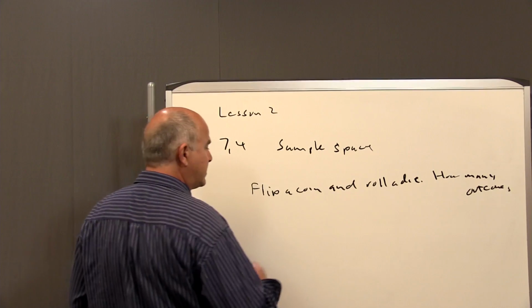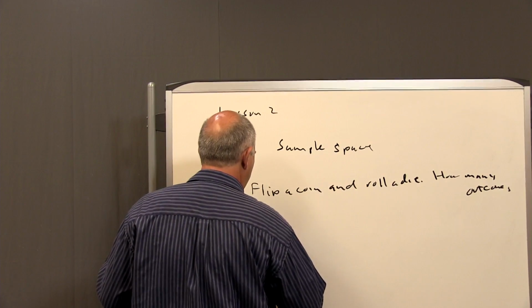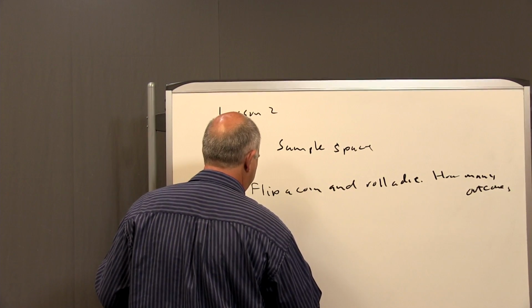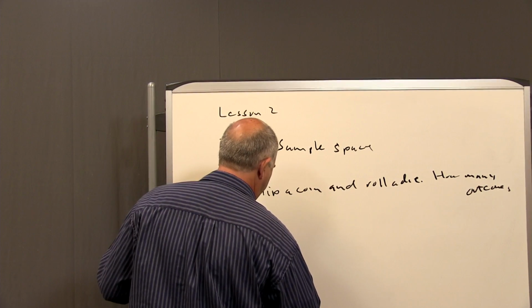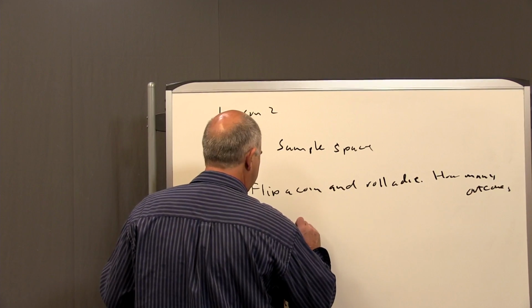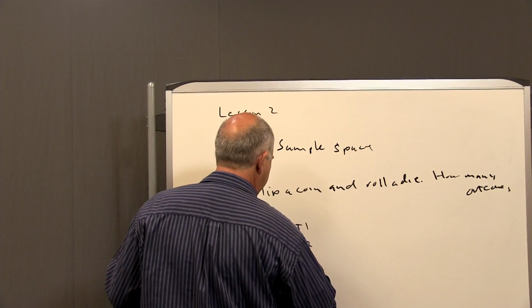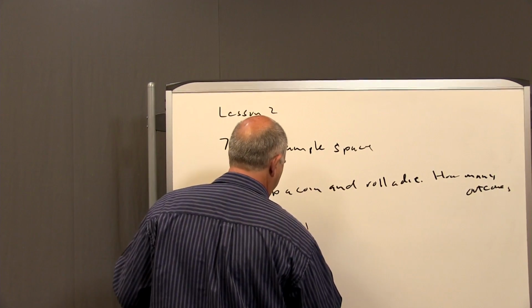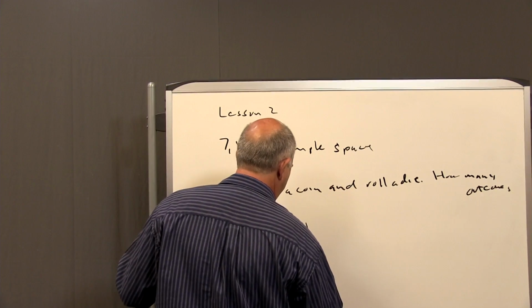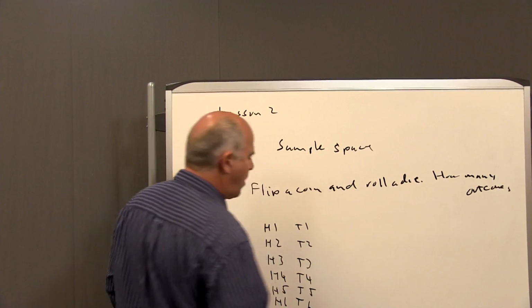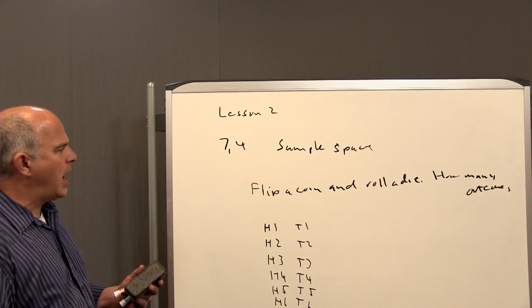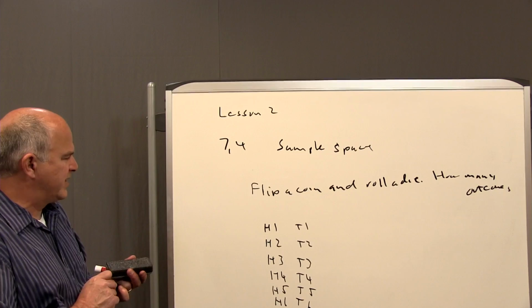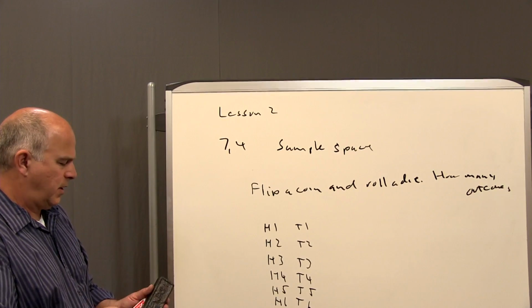Well, it's the combinations. H1, H2, H3, H4, H5, and H6, and T1, T2, T3, T4, T5, and T6. Those are all the combinations of a roll of a die and the flip of a coin. It's 12 different combinations, right?